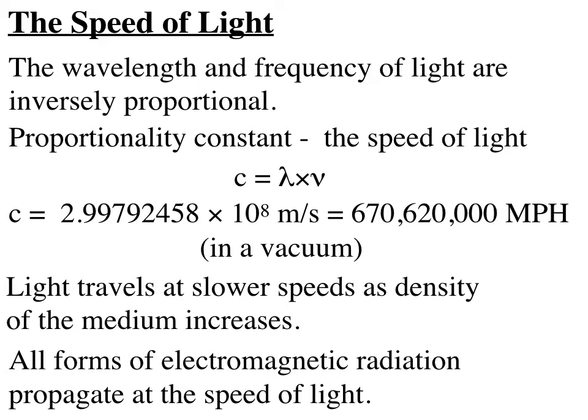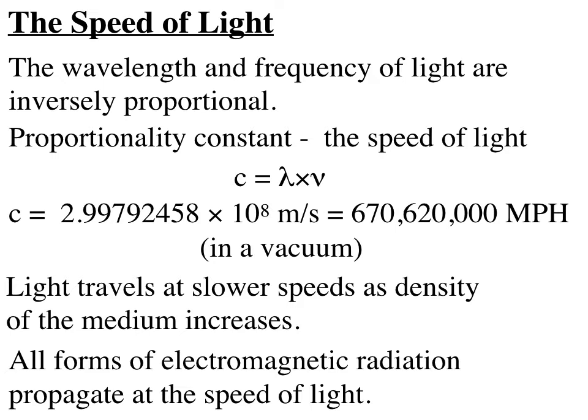That is fast. As a matter of fact, this is the speed limit of the universe. Objects cannot move through the universe at a higher rate of speed than the speed of light. So this is kind of like the speed limit for all objects moving around in our universe as far as we understand.